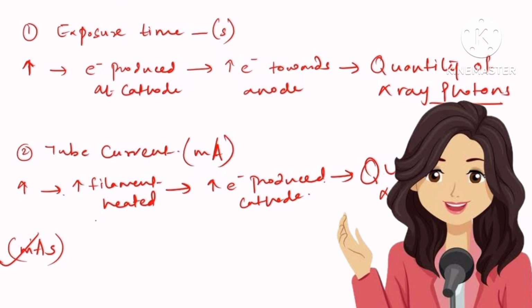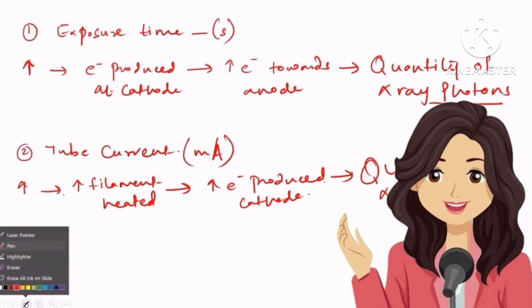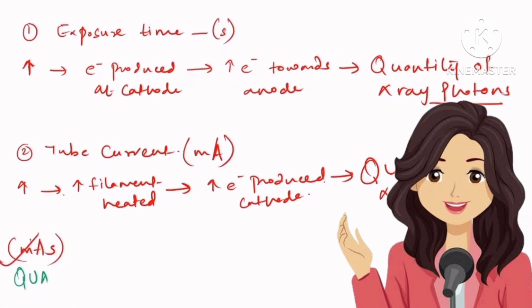So write down: quantity of X-ray photons depends on MA or tube current and exposure time both.